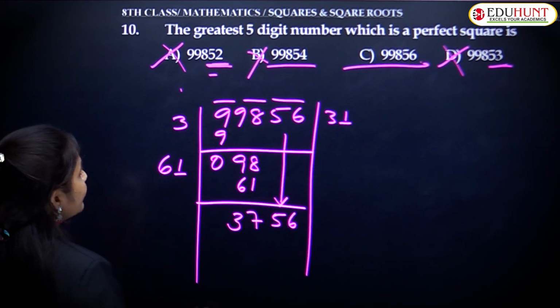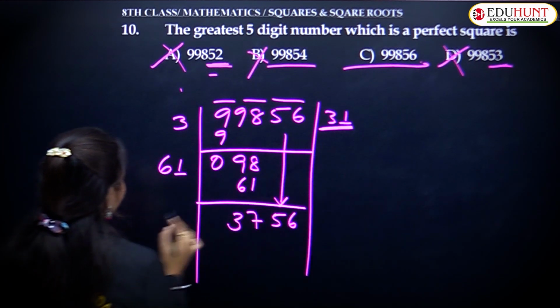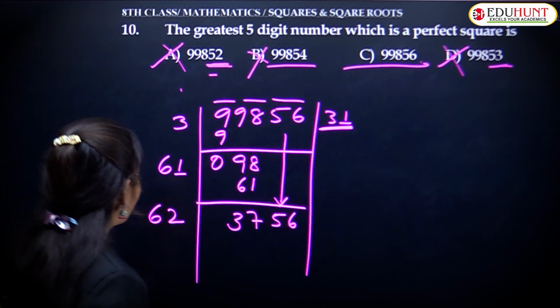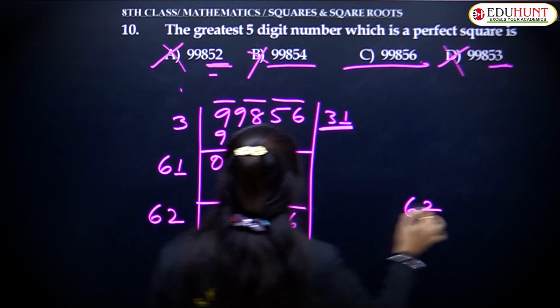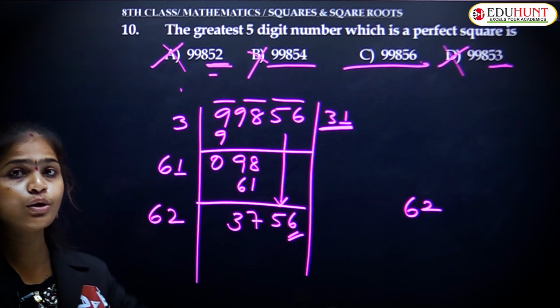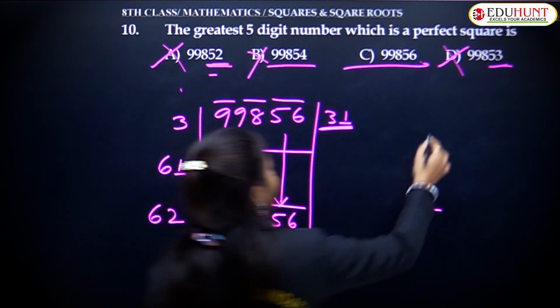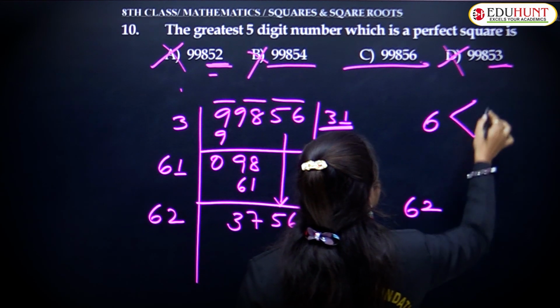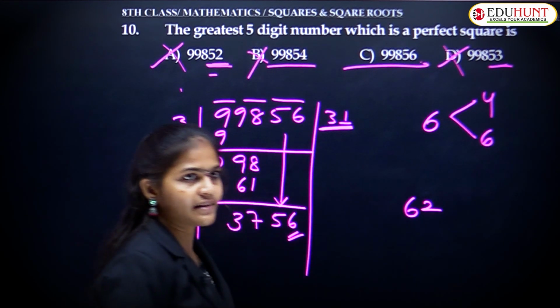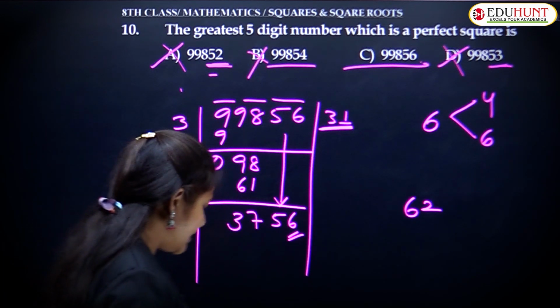Now the double of 31 is 62. So 62 into a number ending with 6. So how many possibilities are there, ma? The number should be ending with 6, so here two possibilities are there. One is 4, another one is 6.